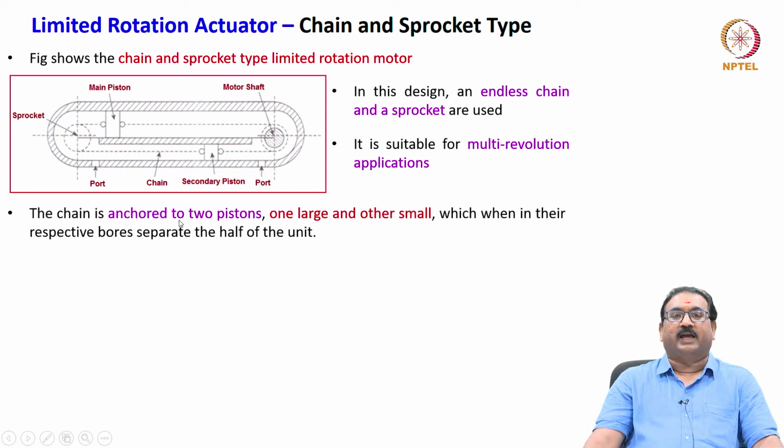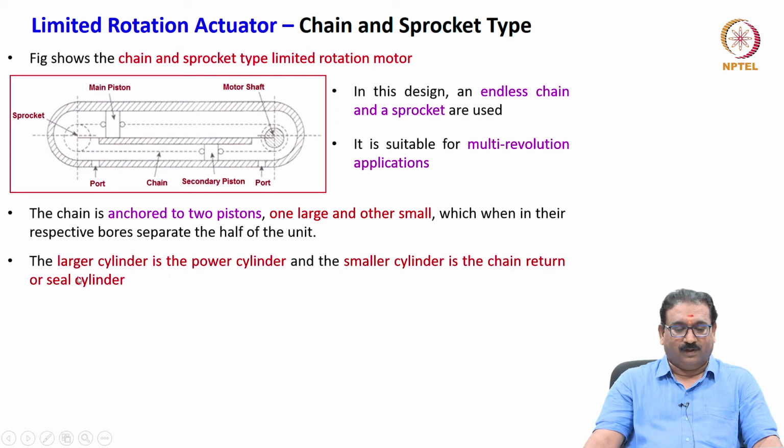The chain is anchored to two pistons, one larger and other smaller, which in their respective bores separate the halves of the unit. The larger cylinder is the power cylinder and the smaller cylinder is the chain return or seal cylinder.